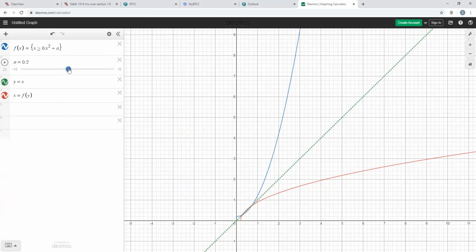So what if I go back to a equals 0? That's when we had the original function f of x equals x squared, or y equals x squared plus a, but that's when a is 0. What if we shift the equation or change it? Let's say we go x squared plus 1.